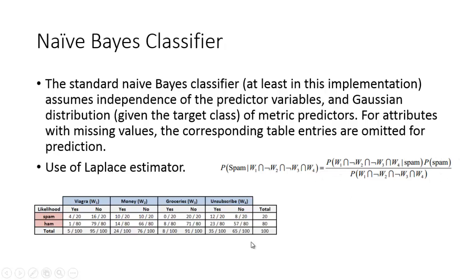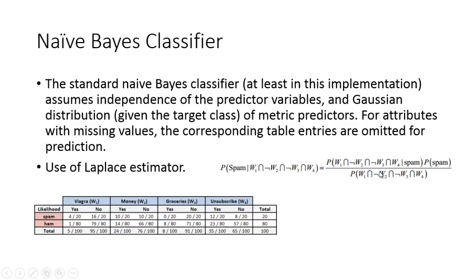We already have the probability of spam, 20 by 100, which is 0.5. And given spam, what's the probability that this spam message will contain this set of words? This can be calculated simply using these likelihood frequencies.